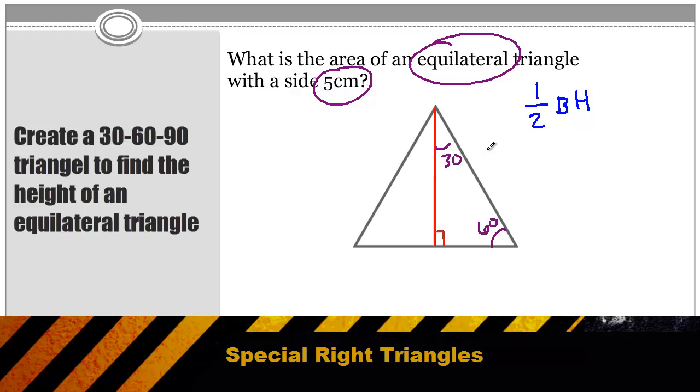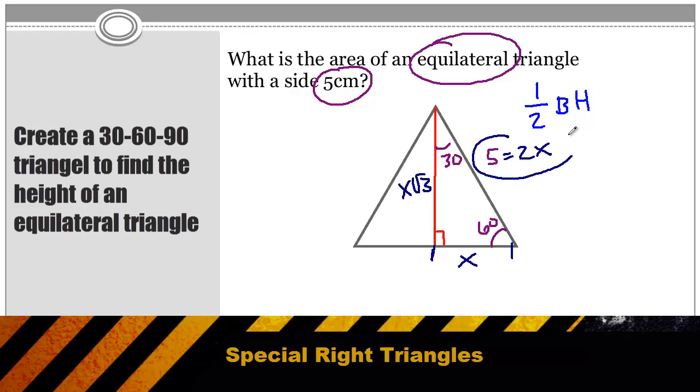And my hypotenuse, well, that's just going to be the length of one of my sides. And since I've memorized the ratio of my sides for a 30, 60, 90, I can draw my sides as: my short side is x, my hypotenuse is going to be 2x, and my height, the red line, is going to be x root 3.